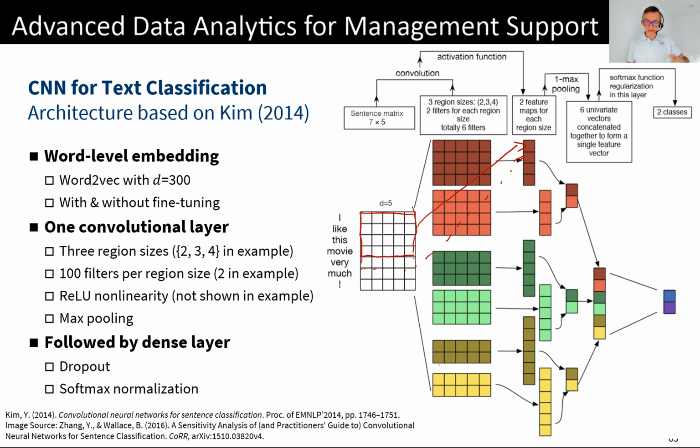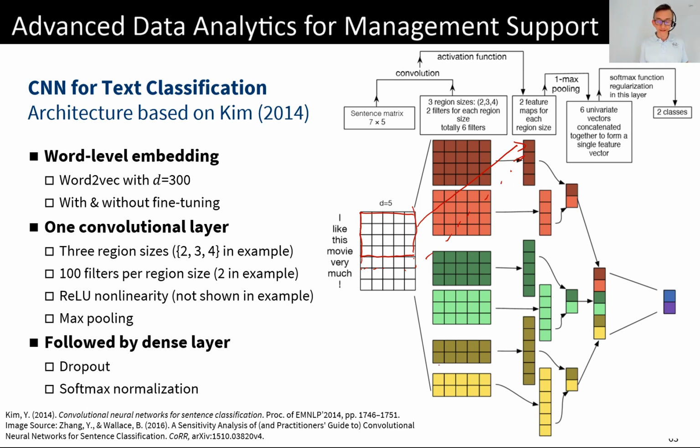We can basically create the feature map that has 4 values, because the filter has region size 4, and we have the sequence length n equal to 7. So 7 minus 4 plus 1 gives us this feature map. And likewise for the filters of the other region sizes, and you see how they give feature maps of different dimension.